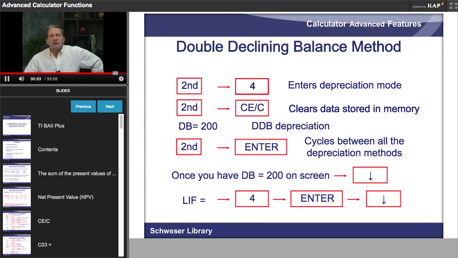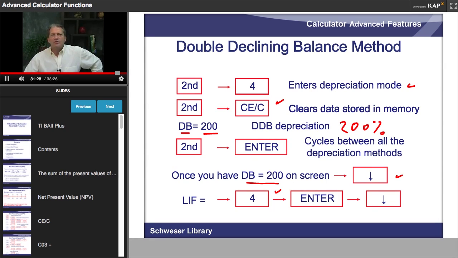How to do this on the calculator: go into depreciation mode, clear everything out. We want double declining balance, so it says declining balance 200. Double is 200%. So then cycle between all the depreciation methods till you have DB equals 200 on the screen, and then scroll down.